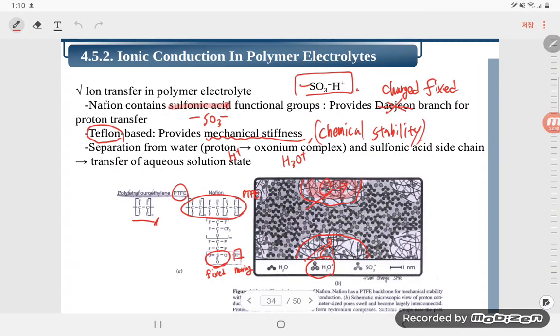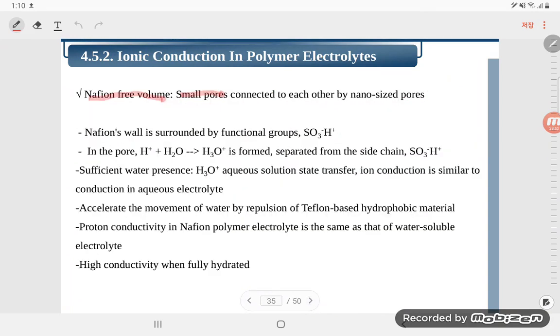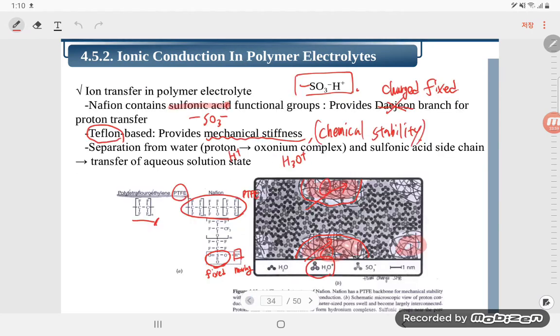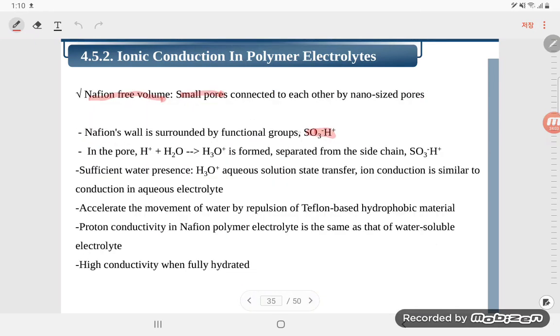This is the free volume, and the Nafion's wall is surrounded by the functional group. This red line is filled with the SO3 minus sulfonic acid. In the pore, the oxonium ion is formed and separated from the side chain. Okay, from this one, they combine together and they generate the oxonium ion.